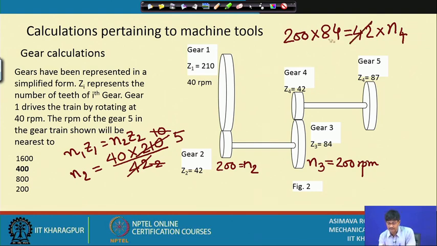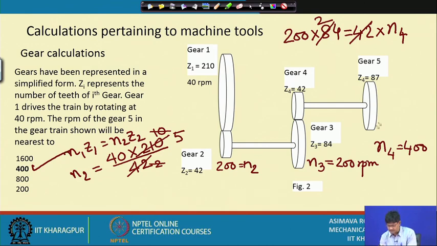So, we have this one cancelling out twice, and therefore, we have N4 is equal to 400. N4 is equal to 400, and you know they are sharing the RPM. So, this will also have RPM equal to 400. N5 is 400. The RPM of the gear 5 is 400. This one is correct. Okay.